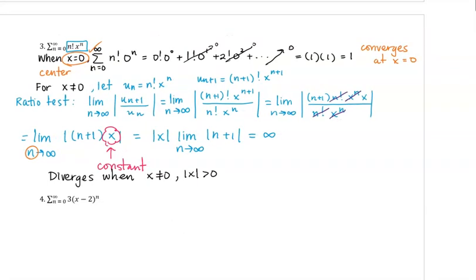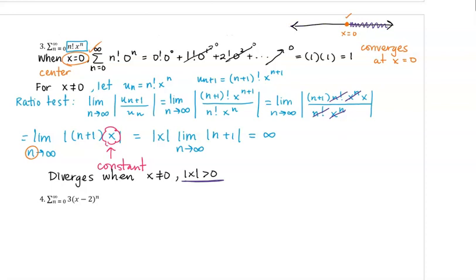So if I'm making a number line, we had tested at x is equal to 0 and we got convergence. But anywhere where the absolute value of x is bigger than 0, anywhere over here that I'm shading in purple, we have divergence. So this is the first case.